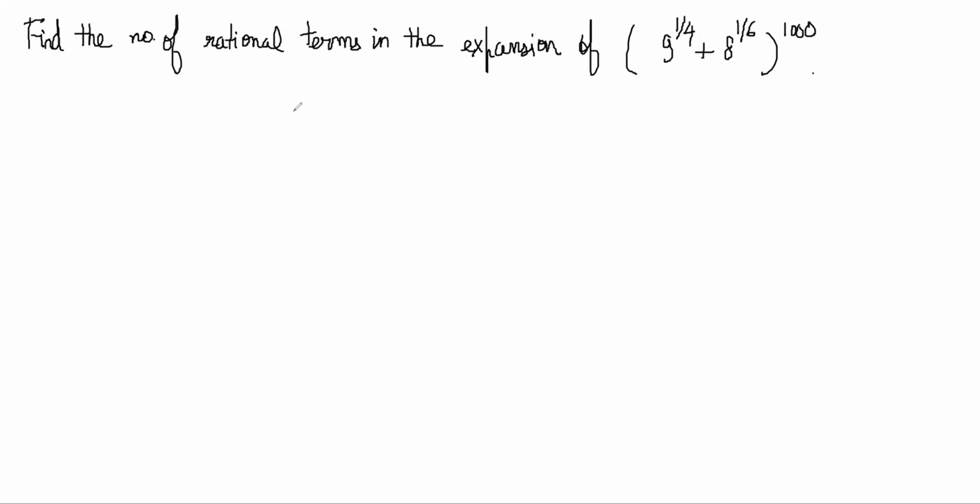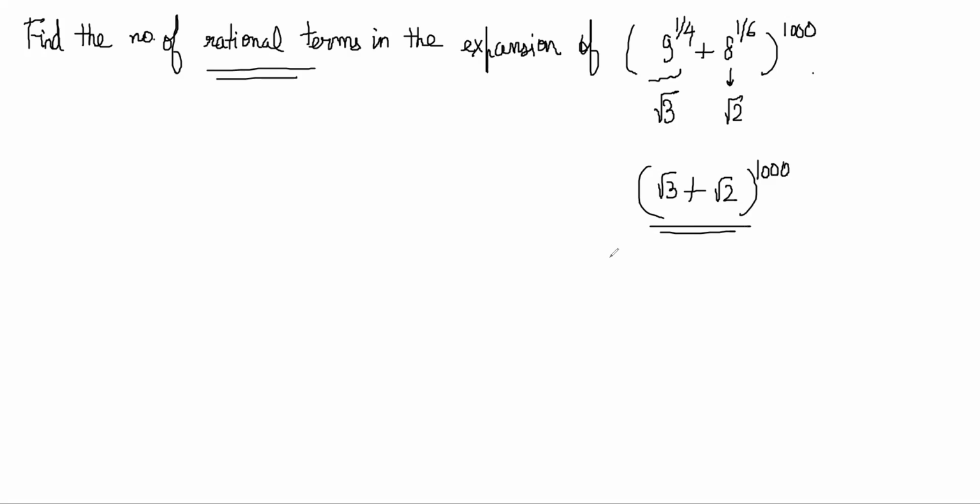You have to find rational terms there, because some terms could be irrational, right? Right now, this is irrational because it's actually root 3, and this is root 2. Basically, the expansion is root 3 plus root 2 to the power 1000. You have to find the number of rational terms in this expansion.